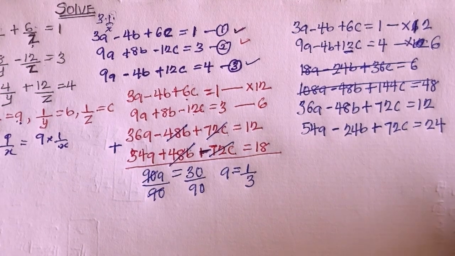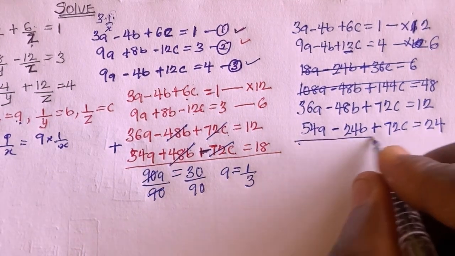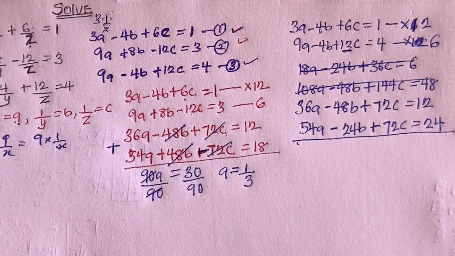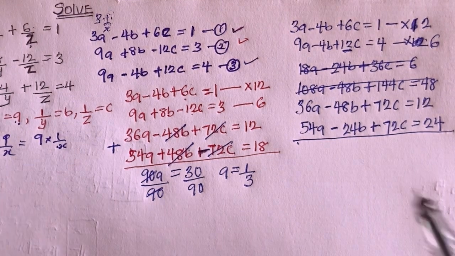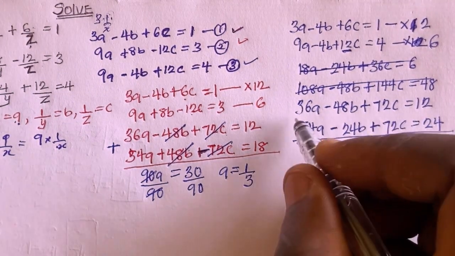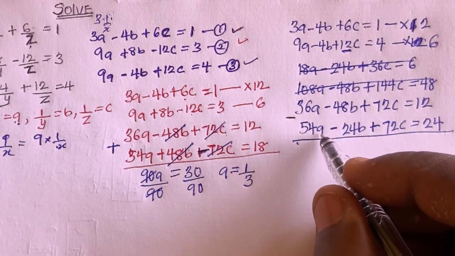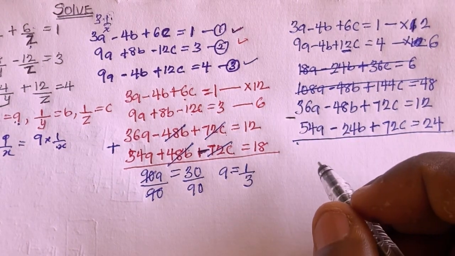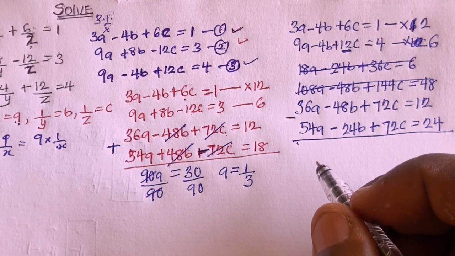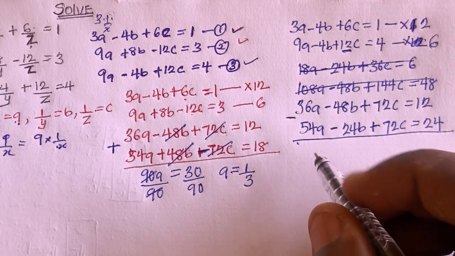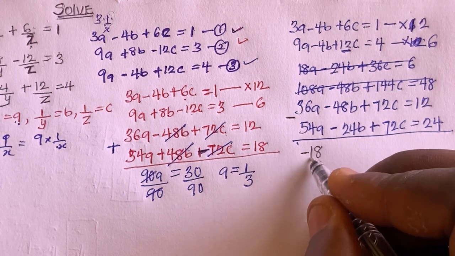So now looking at this very well, the coefficients are actually plus, then I can subtract, right? So subtracting here, I'm going to have 36A minus 54A, that's actually 36 minus 54, which is minus 18A, right?